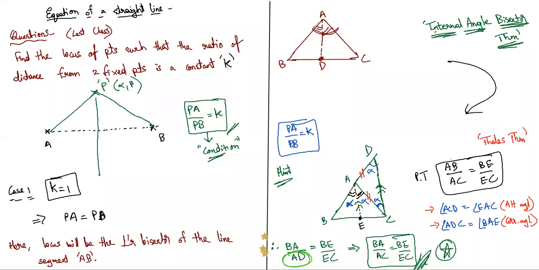What are the sides containing the angle A? The sides containing the angle A are AB and AC. So that is the same ratio in which the internal angle bisector will divide the opposite side, BD by CD.